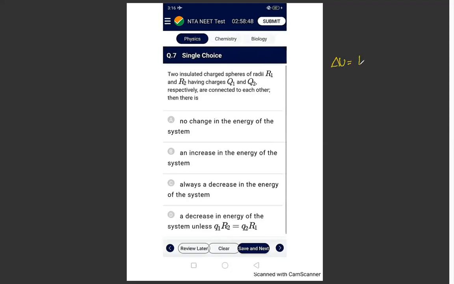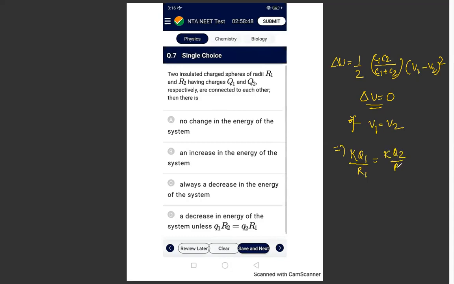So we get the decrease in the potential energy directly as we calculate it in capacitance. We used to calculate it as half C1 C2 divided by C1 plus C2 multiplied with (V1 minus V2) whole squared. Now this is going to be 0 if V1 is equal to V2. And what is the potential of these two spheres? It is going to be KQ1 by R1 is equal to KQ2 by R2.